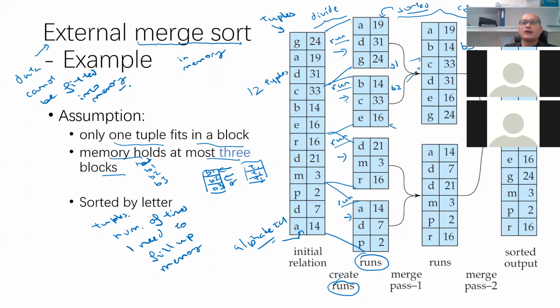You allocate block 1 for the first run, block 2 for the second run, and the third block stores the merged list from the earlier 2 runs. You'll be able to accommodate the space.